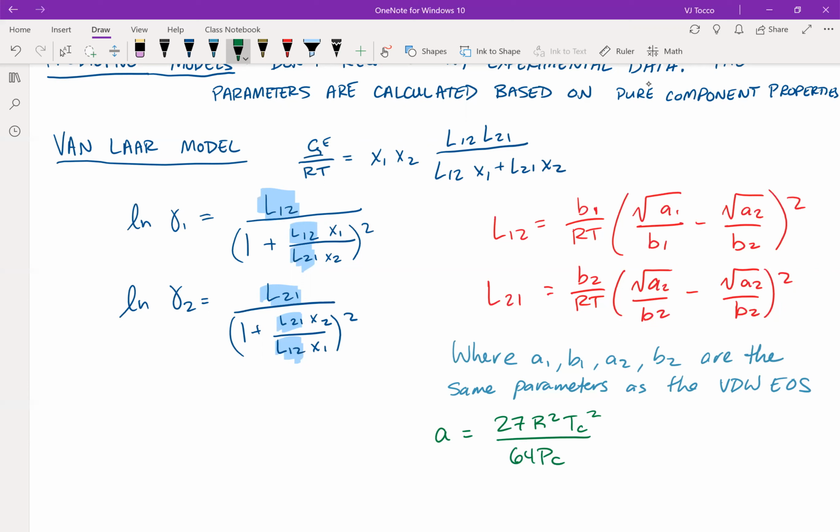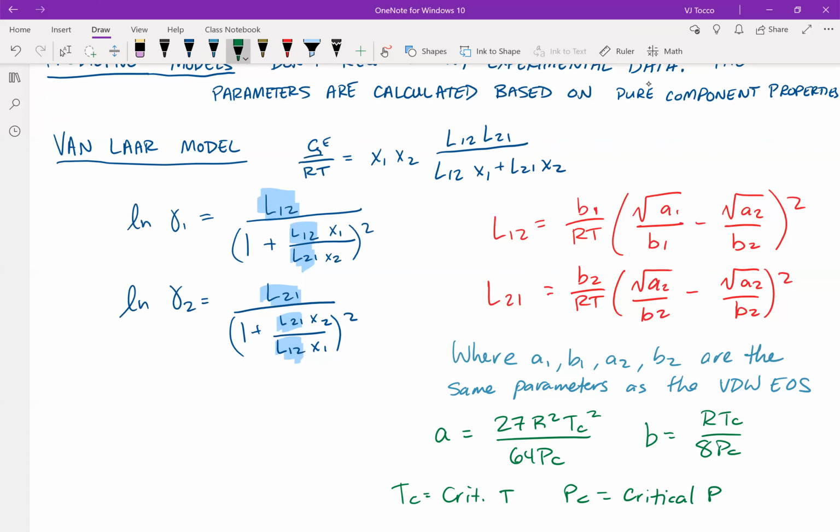Tc is critical temperature, Pc is critical pressure, and B is R Tc divided by 8 Pc. Both are things that can be looked up in a table somewhere.